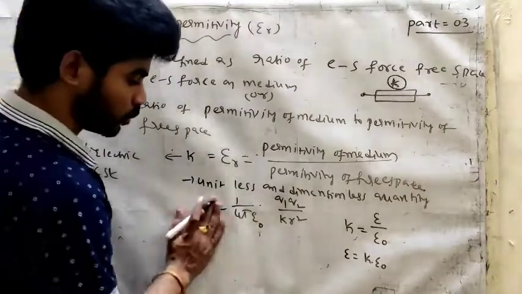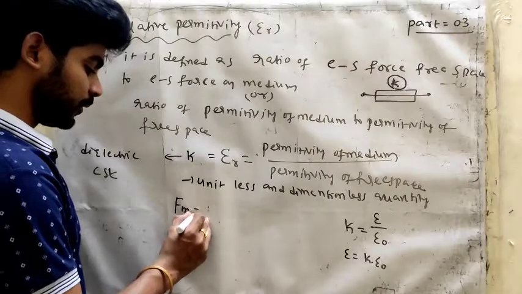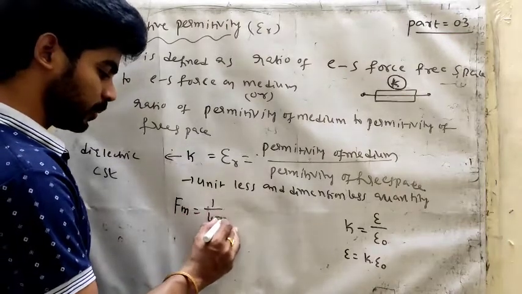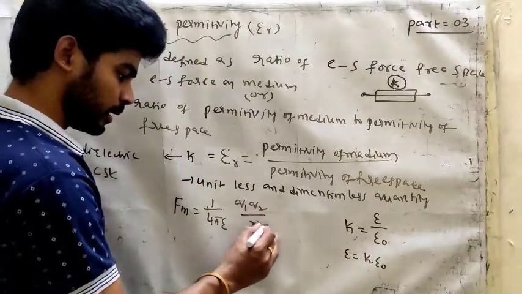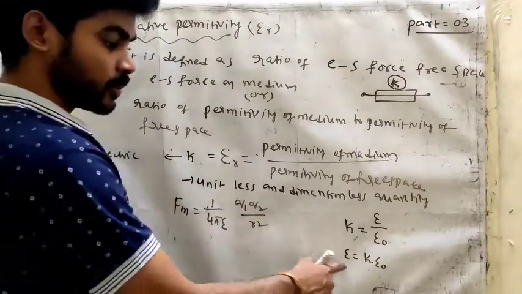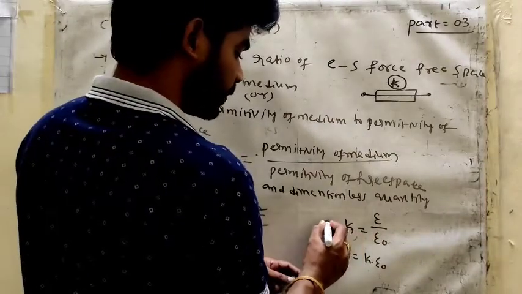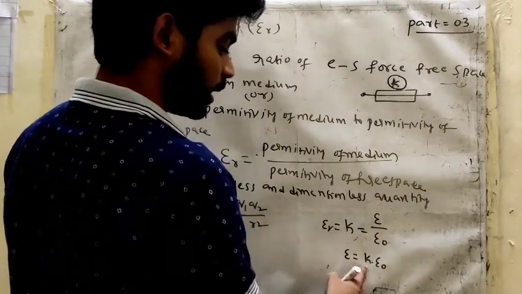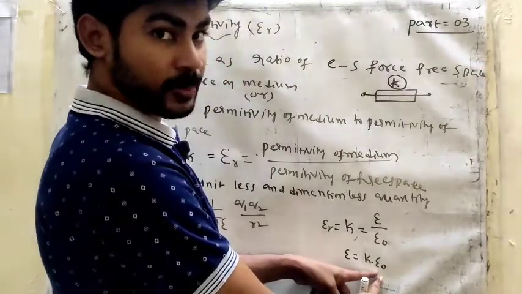Coulomb's law in medium: F_m is equal to 1 by 4 pi epsilon Q1 Q2 by R square. Now substitute the epsilon value. Epsilon is equal to K epsilon naught, or epsilon r into epsilon naught, that is relative permittivity into permittivity of free space.